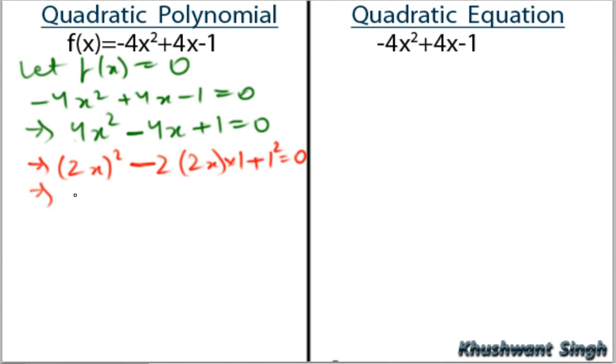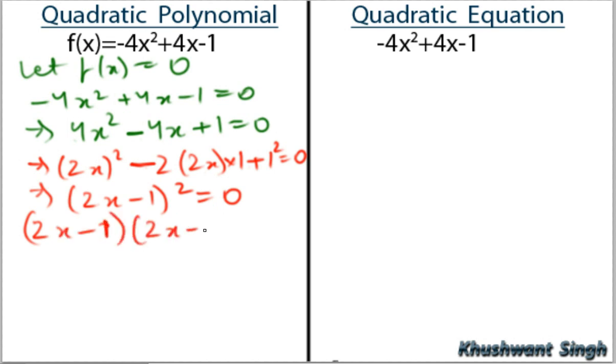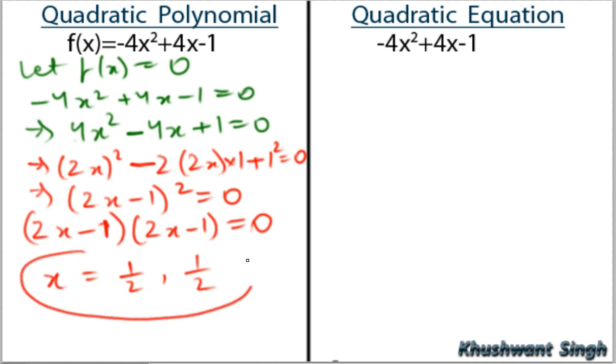So we know the formula, that is (a minus b) whole square. It means we can write 2x minus 1 in one bracket and again 2x minus 1 in another bracket, and hence we get x equal to 1 by 2 and 1 by 2. So the two zeros are 1 by 2 and 1 by 2.